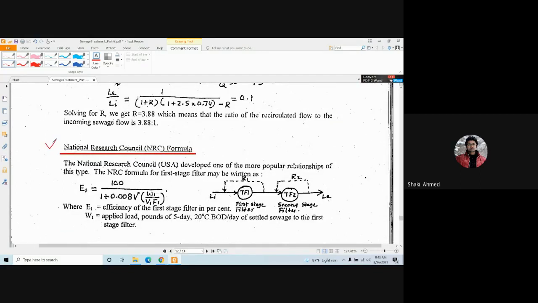We have another formula called NRC, the National Research Council of the USA.